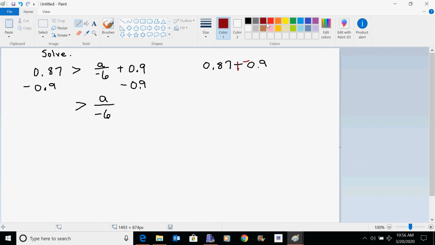You need to figure out which one has the bigger absolute value. There's a different number of place values, so to make it a little bit easier, make the place values match. If I have 0.87 and I have 0.9, make it 0.90.